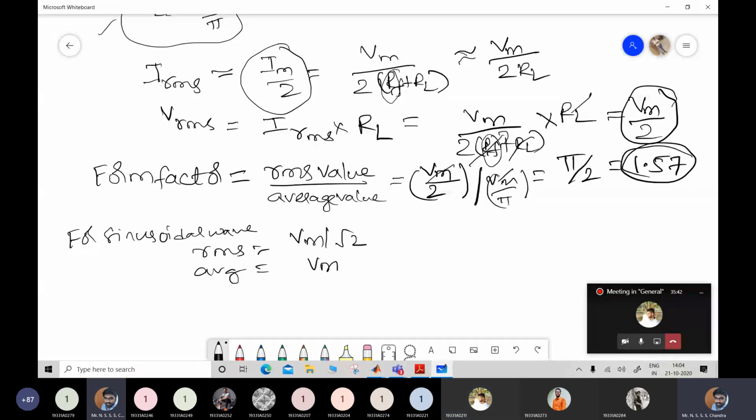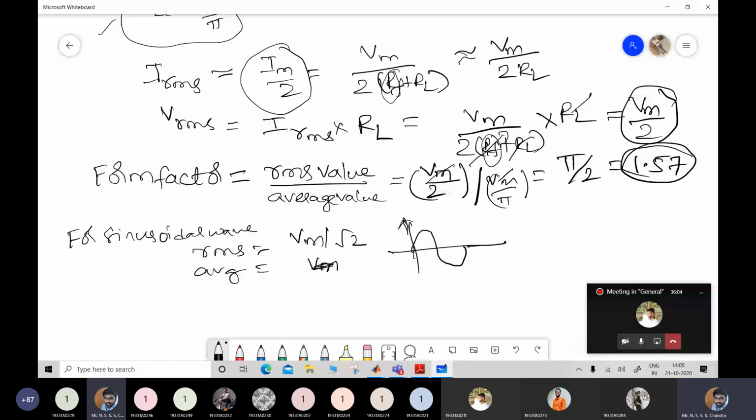RMS value is Vm by root 2, right? What's the average value? If you do not know the average value, you need not memorize anything. You may take 2 more minutes to find it out.